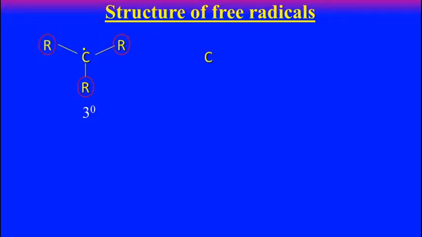The next one, here we see that two alkyl groups are attached to the carbon atom which contains an unpaired free electron, that's why it's called a 2 degree alkyl free radical.